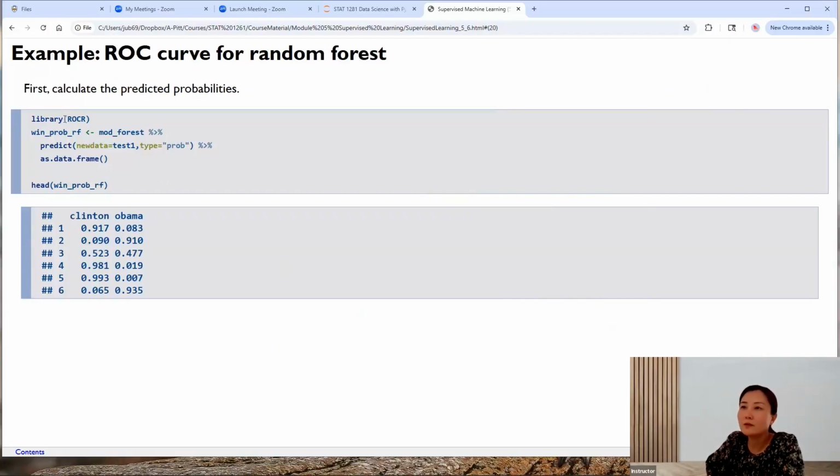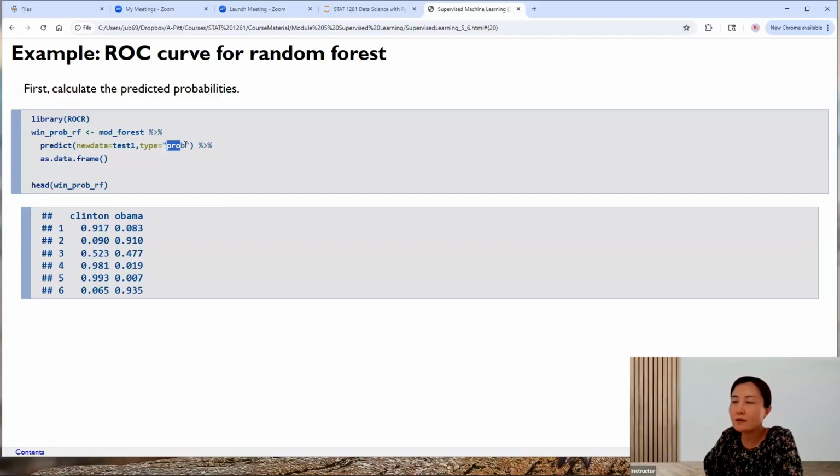Your textbook uses the ROCR package. There are a few steps before we can plot the ROC curve ourselves. First, we need to calculate the class probabilities for the test set. Notice that we let type equals prob, which means we choose to return class probabilities instead of class labels.